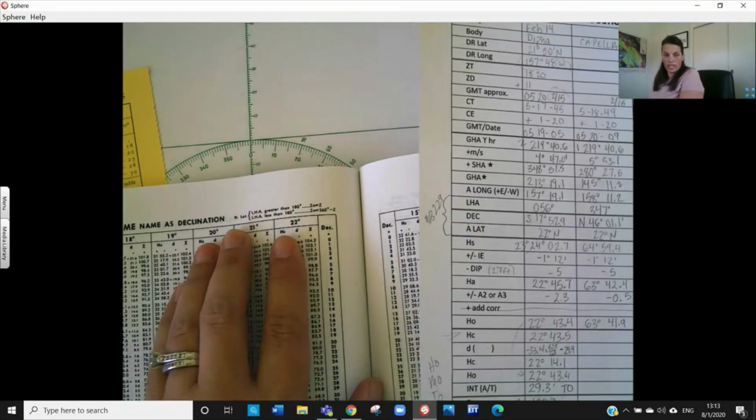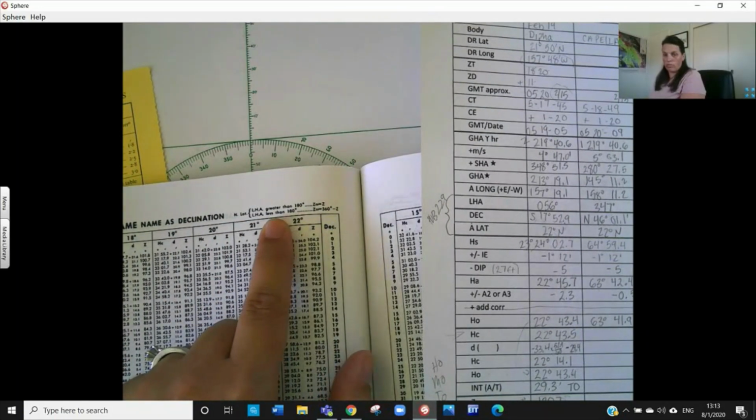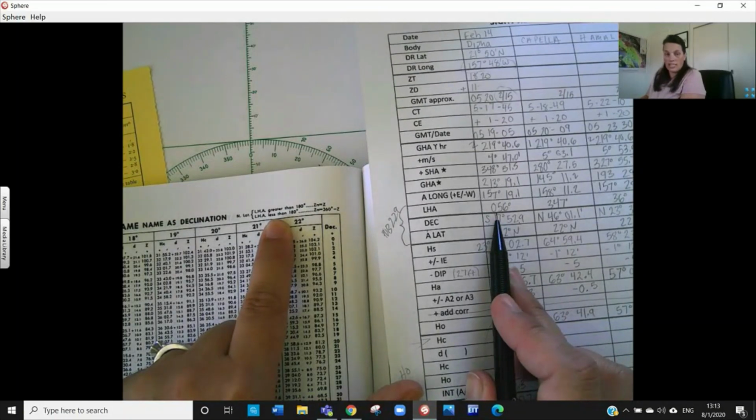I'm in the northern hemisphere, northern latitudes, so I'm going to follow these rules right here, where my LHA is greater than 180 or less than 180. If you look at my LHA, it was less than 180.